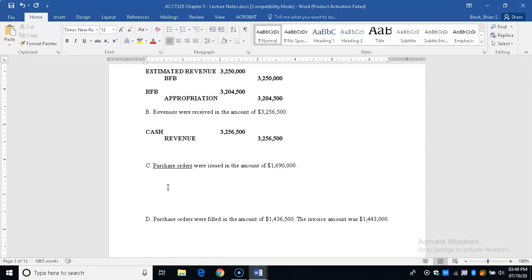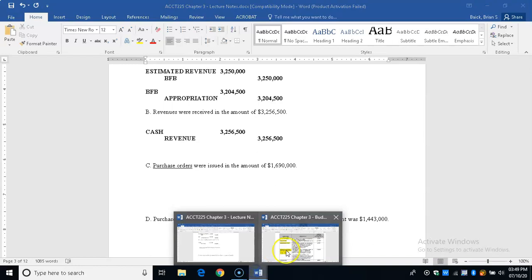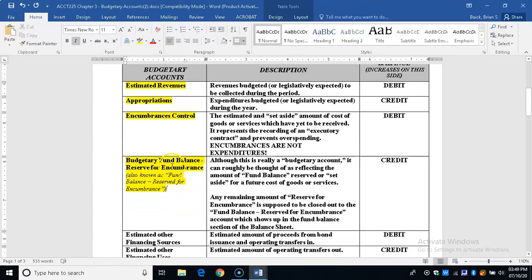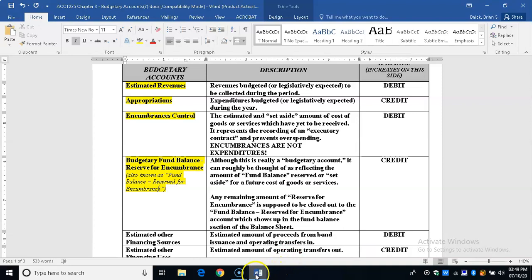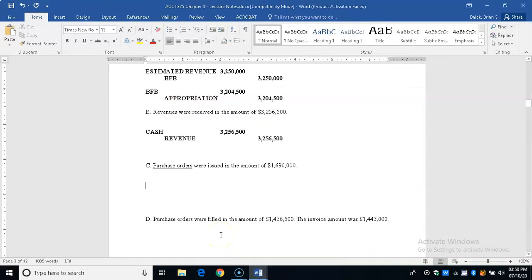In accounting, how do you set money aside? If you use budgetary accounts, you're going to use encumbrance and reserve for encumbrance. Very, very important. So what you do is you debit encumbrance control.